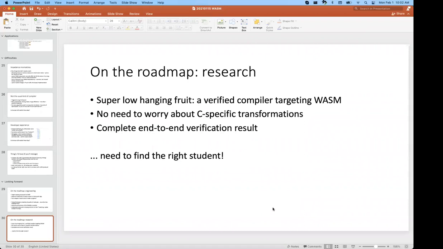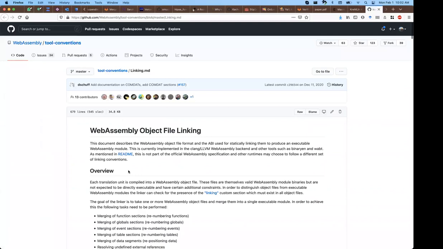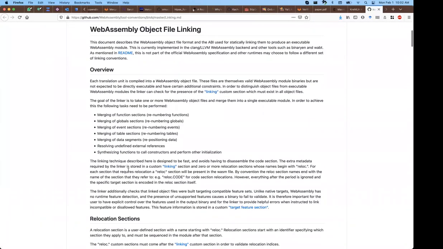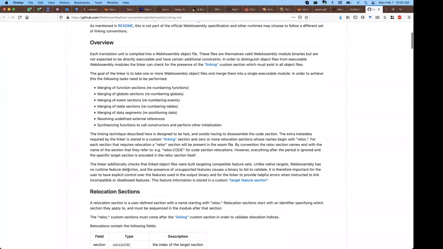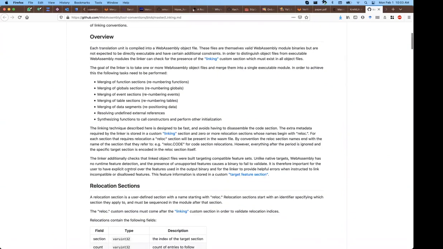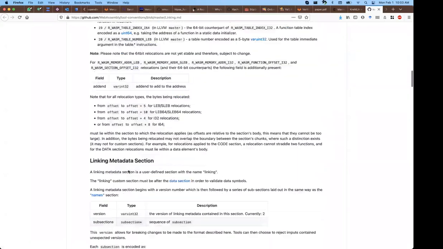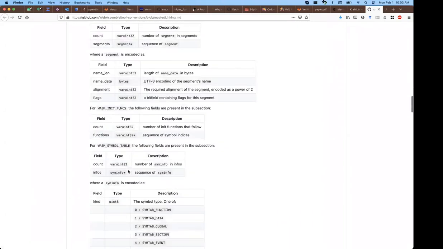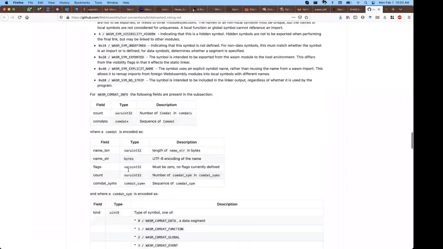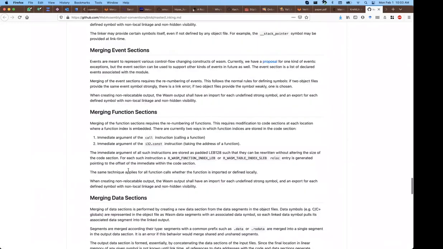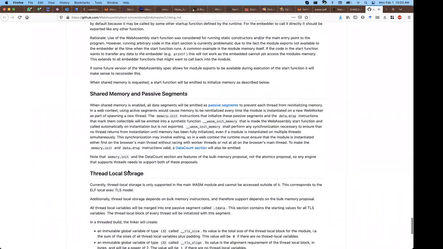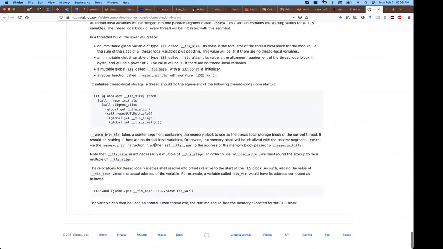The C compiler emits the object files, and then we have a version of LLD, the LLVM linker, that links these WASM object files together. Basically, there's just this custom section with a bunch of relocation data in it. So if you emit a module that includes this custom section and all this other stuff, then you'll be able to pass it to wasm-ld and link it together with arbitrary other C, C++, Rust code.